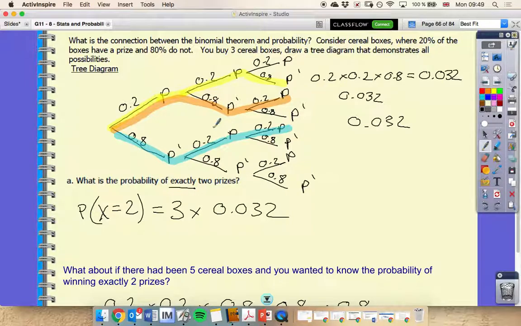How many ways we can get 2 prizes out of 5 cereal boxes. Maybe you can assume so, because for that one it says you buy 3 cereal boxes, and there turned out to be 3 paths. And then when there'd be 5, maybe there'd be 5 paths, but you can't necessarily assume that. No, you can't. One thing you could do is draw out the tree diagram, but that requires a lot of branches. Yeah, there'll be 32 branches at the end.